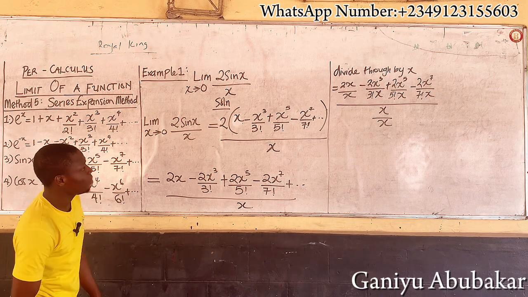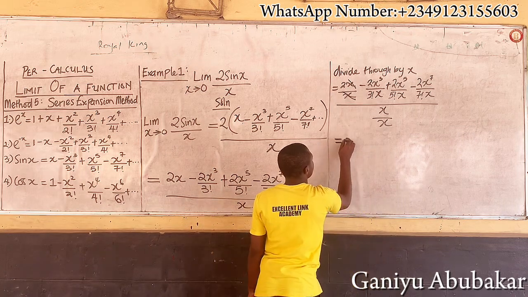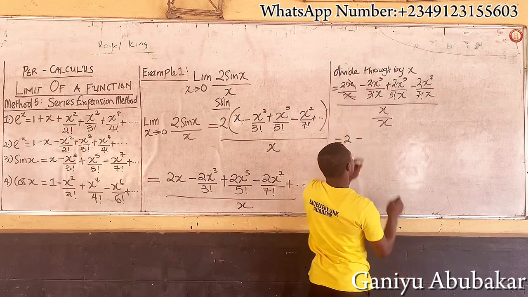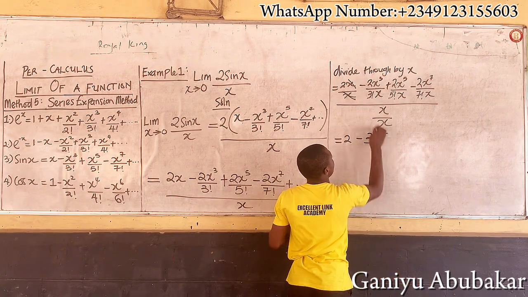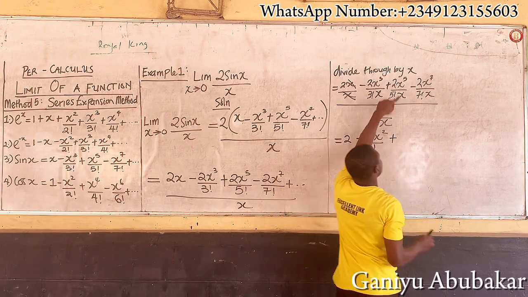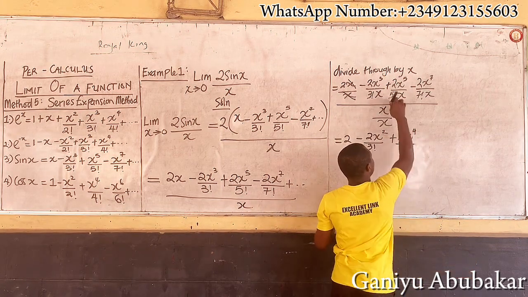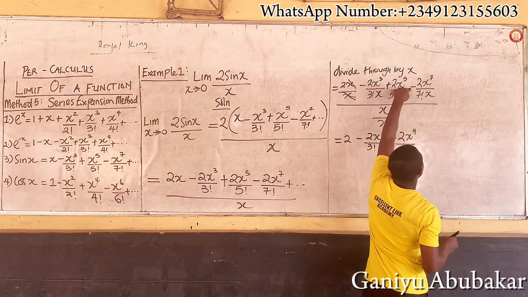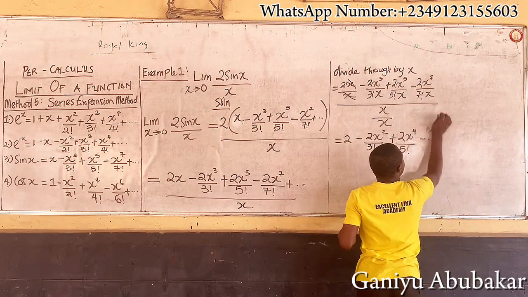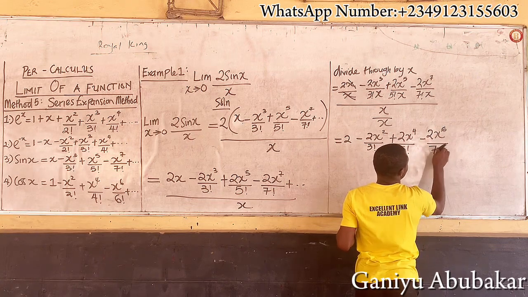Next task here is easy. Just simplify as far as I can. This cancels this. I'll have 2 minus, x cubed cancel x, I'll have x squared, so 2x squared over 3 factorial, plus x to the power 5 cancel x, I'll have 2x to the power 4 over 5 factorial, minus x to the power 7 cancel x, now I'll have 2x to the power 6 over 7 factorial.